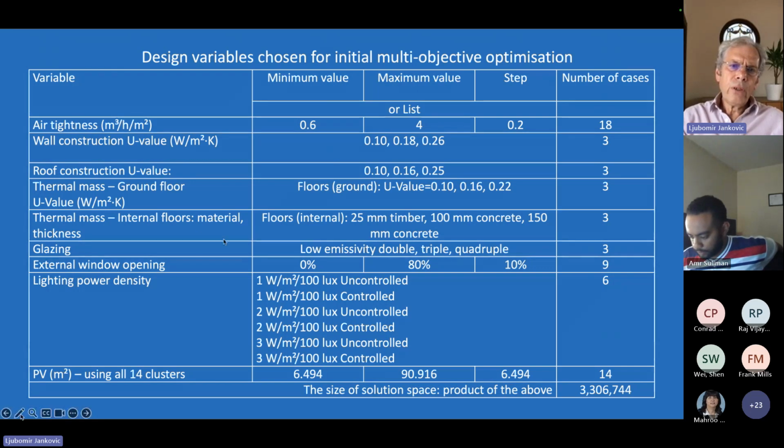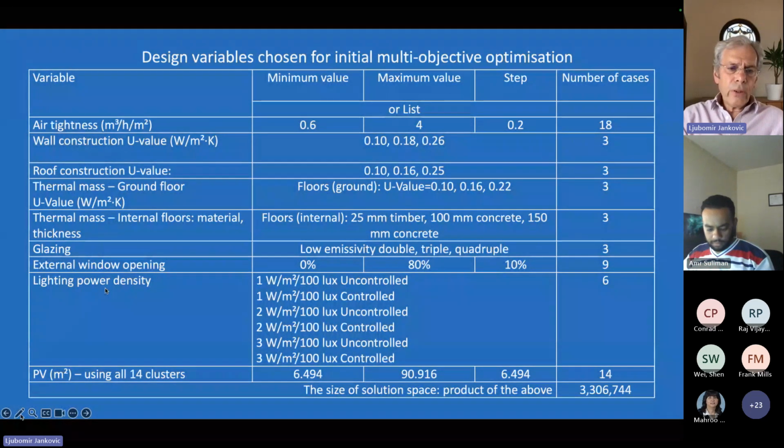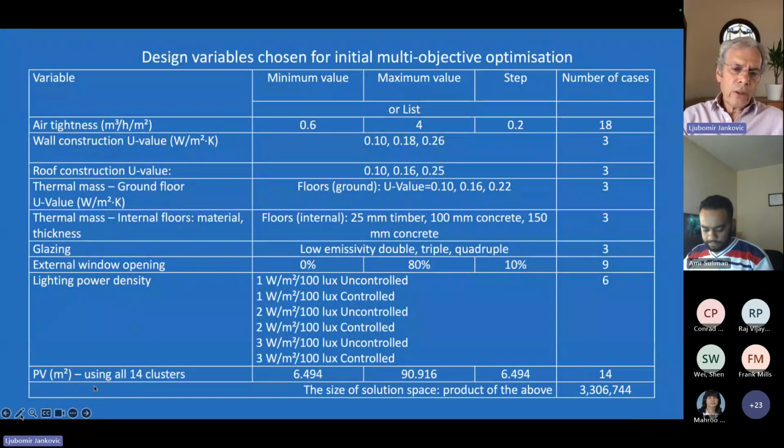Here we have chosen 9 different variables for design: air tightness, wall construction U value, roof construction U value, thermal mass for the ground floor, thermal mass for internal floors, glazing, external window opening, lighting power density, and using all 14 PV clusters. PV clusters are clusters from the overhang. I've divided them into 14 different surface areas.